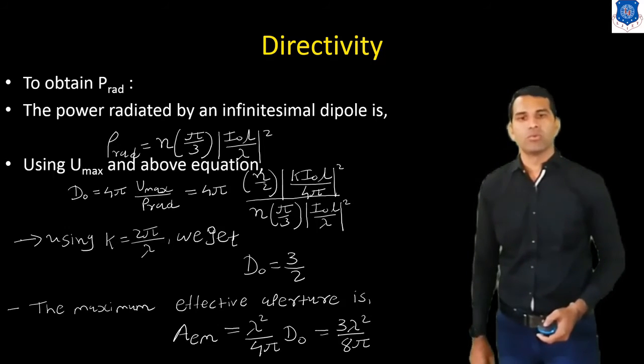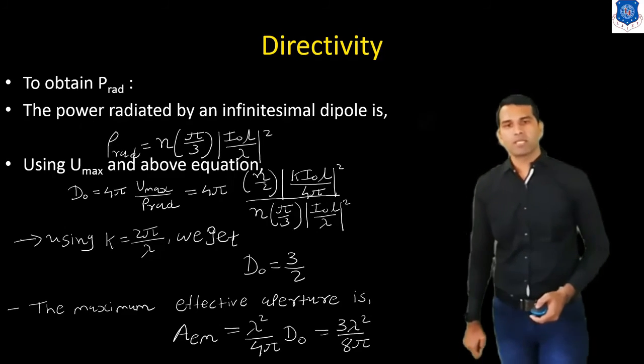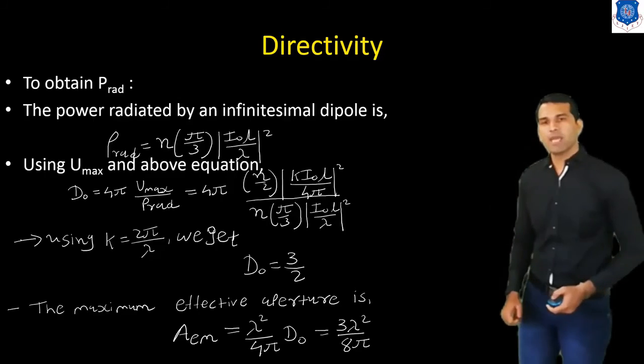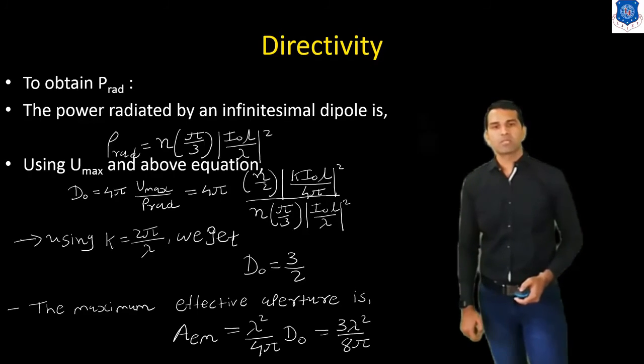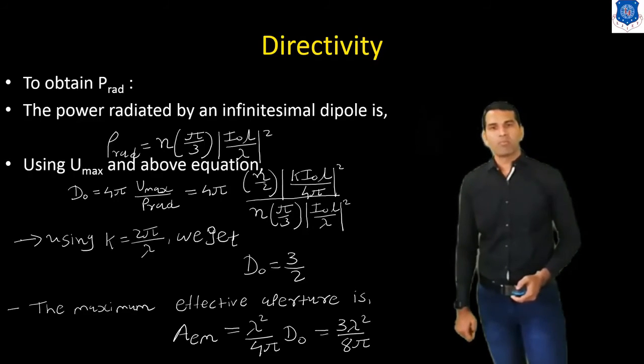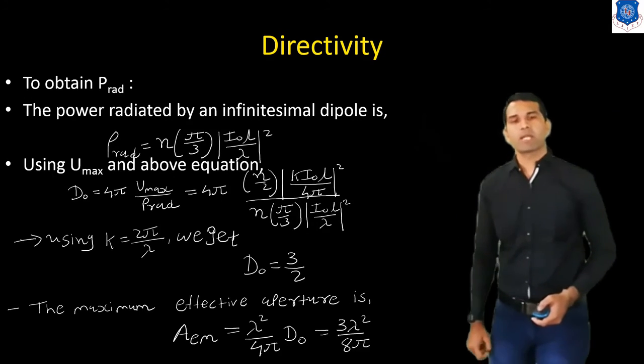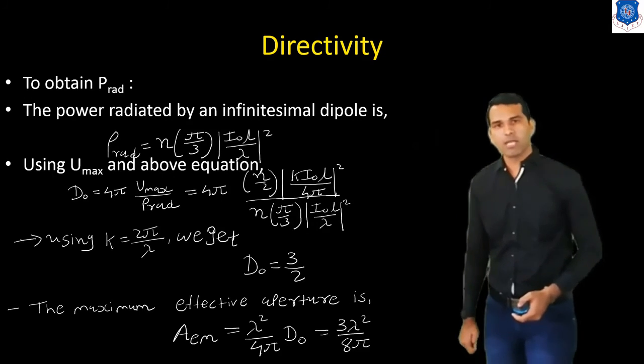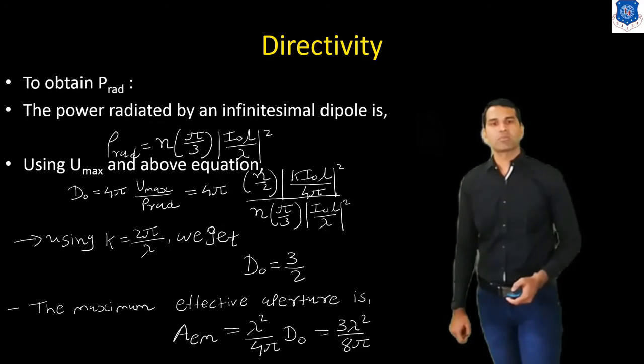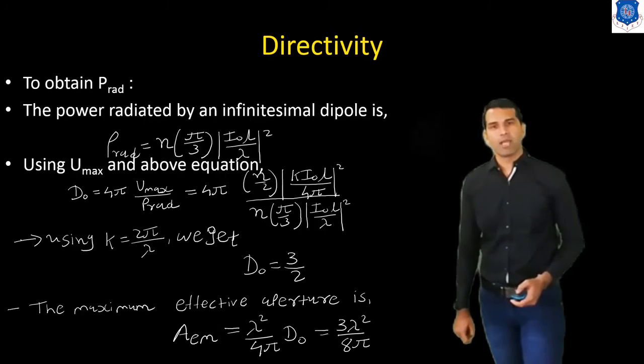D0 is equal to 3 by 2. The maximum effective aperture is AEM is equal to lambda square upon 4 pi into D0. So we get the maximum effective aperture for the oscillating dipole as 3 lambda square upon 8 pi.